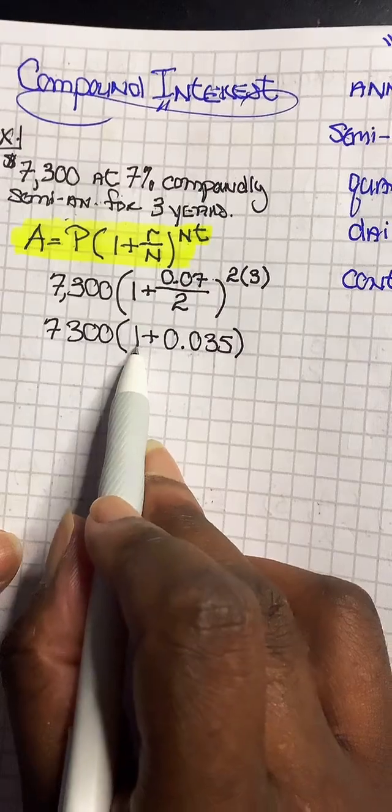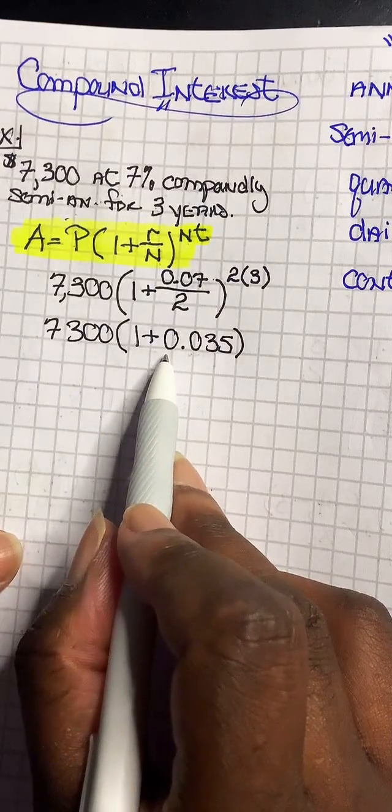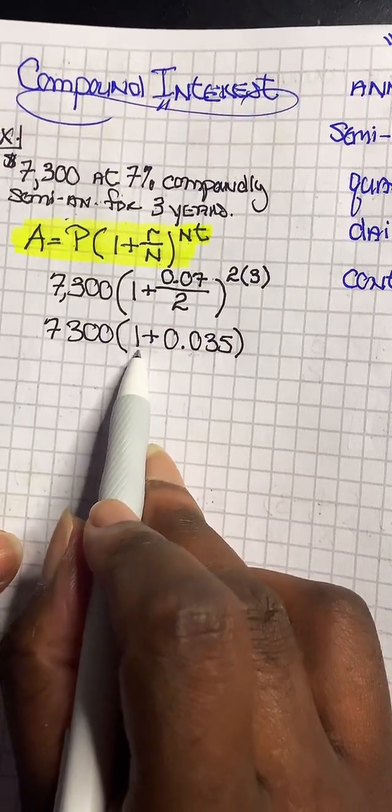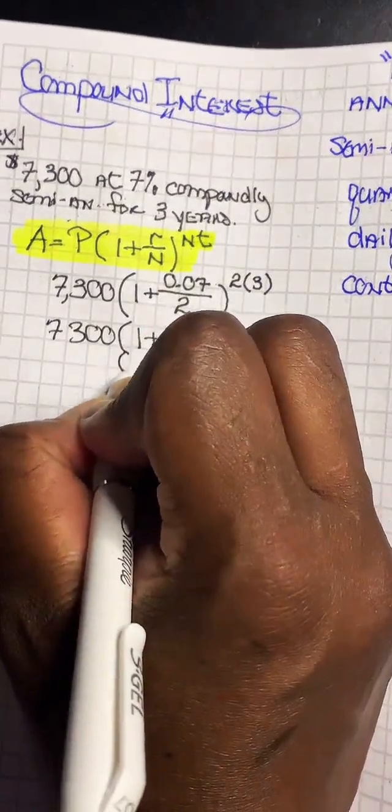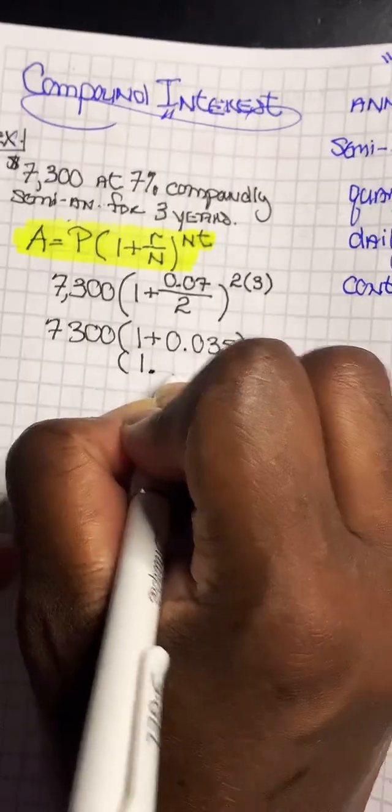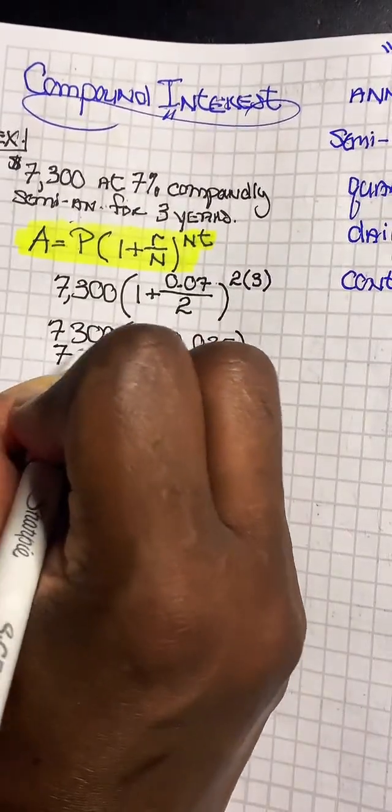And since we're adding 1 to this, we don't need a calculator. 1 is a whole number. Over here is a decimal. So that means that's taking us to 1.035. Let me bring down the 7,300.